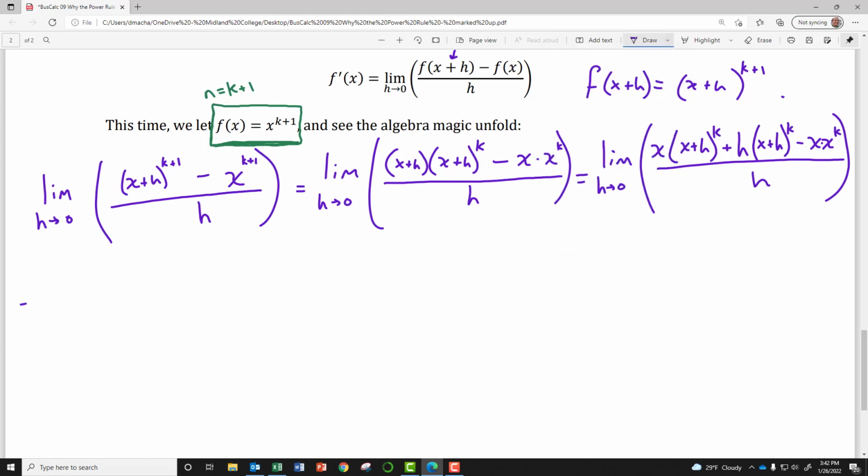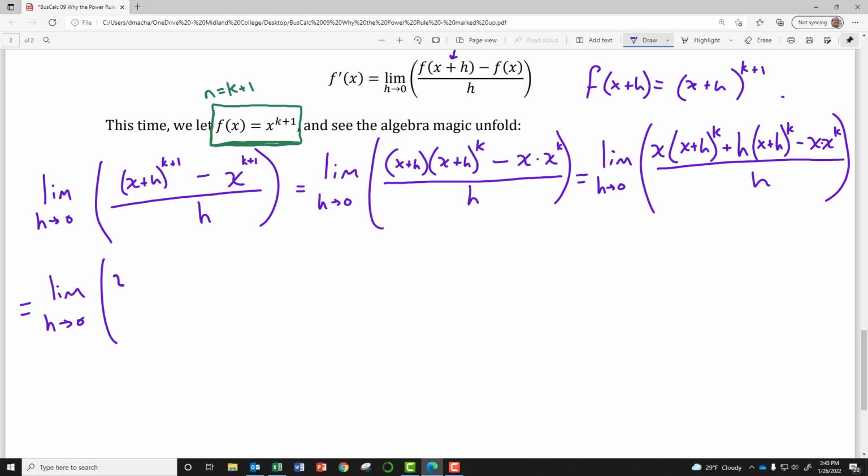And I'll say that what we had before is going to be equal to the limit as h approaches 0. And I'm just going to rearrange the terms in my numerator to make my next step look more convincing. So I'm not going to be doing any particular math operations here, just rearranging those terms.